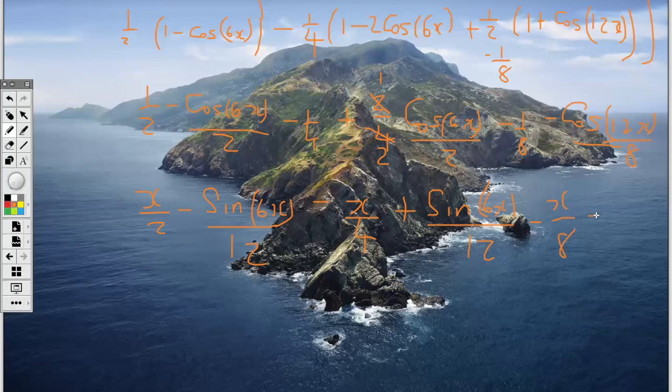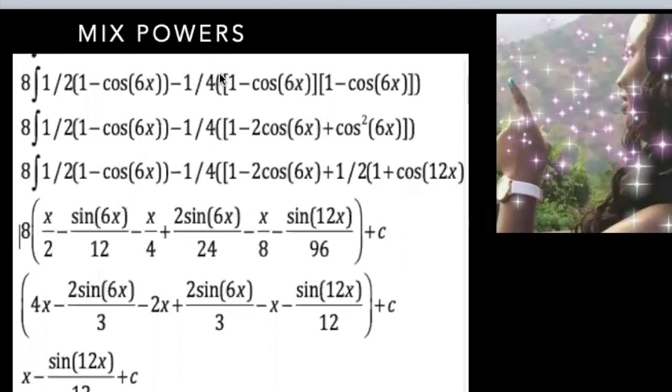And then integrating this, we'll have sine 12x over 96. If you're wondering how we get the 96, it's 12 times 8, and that's how we get the 96. This line, I didn't show this step, so that's what you saw on the whiteboard.